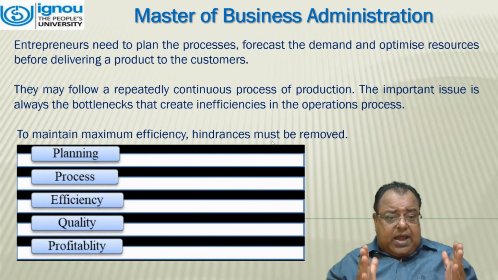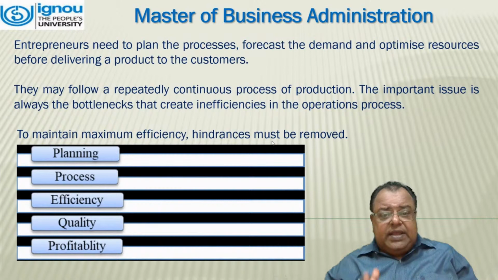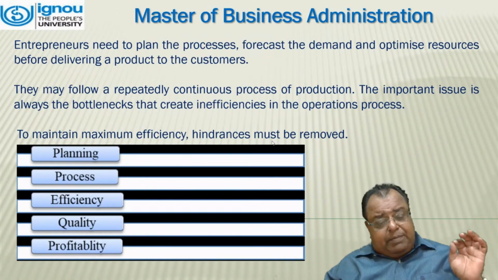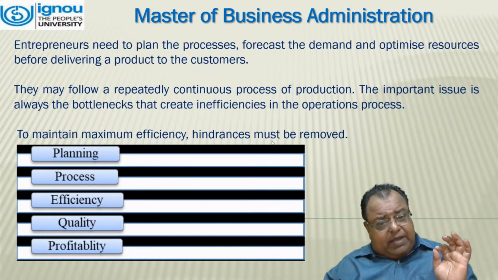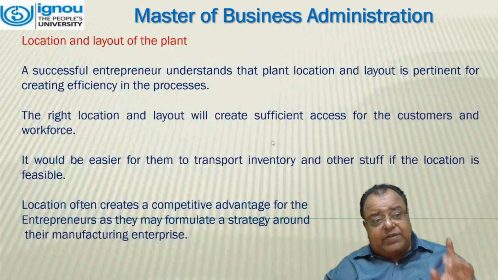They may follow a repeatedly continuous process of production. The important issue is always the bottlenecks that create inefficiencies in the operation process. To maintain maximum efficiency, hindrances may be removed so that planning, process efficiency, quality, and profitability can be achieved.